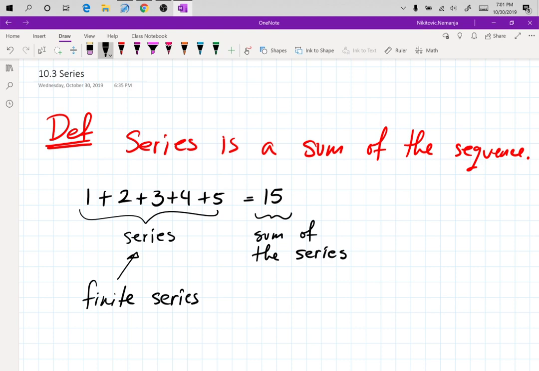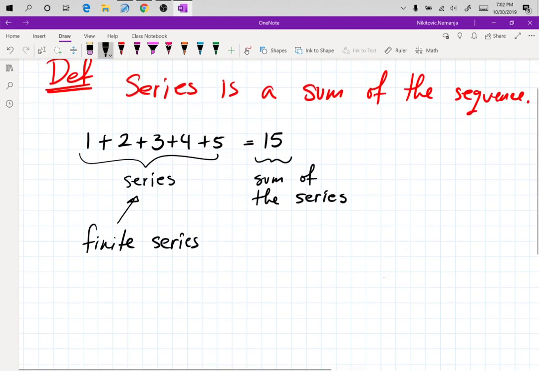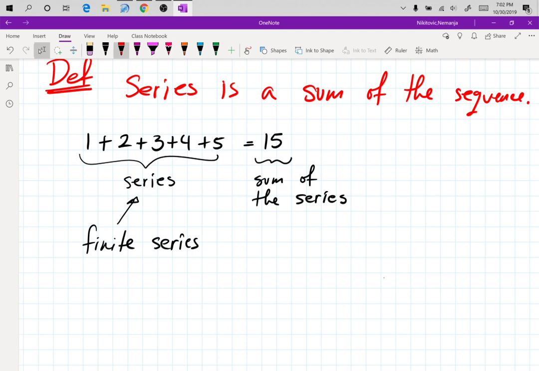So if you know all of the values of your series and they actually end in the list, we call that a finite series. Now, we are not going to list these. We would like to have a compact way to write this, which is where summation notation kicks in.